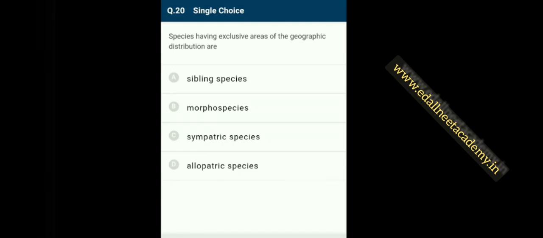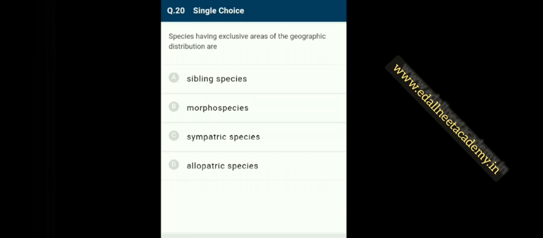Organism groups that are closely related and have identical morphological features but reproductive isolation are termed sibling species. Even if they interbreed, their offspring will be sterile. Two morphologically identical species that do not interbreed are referred to as sibling species.